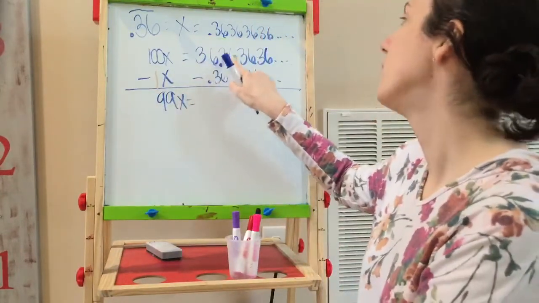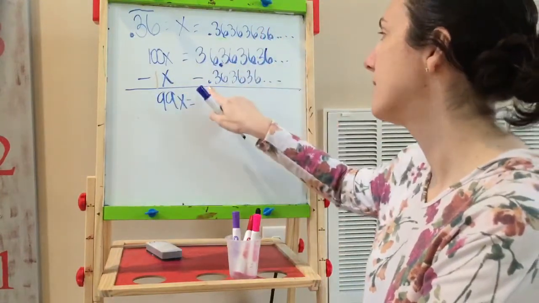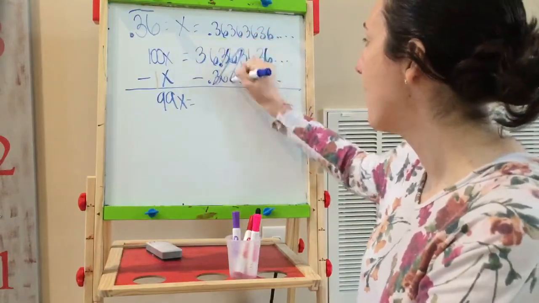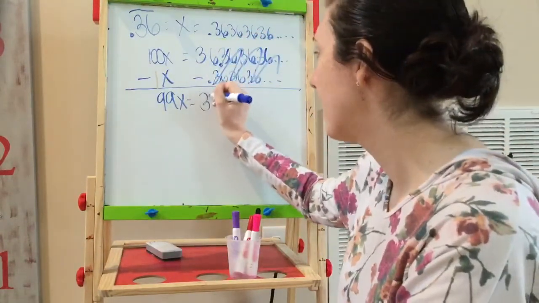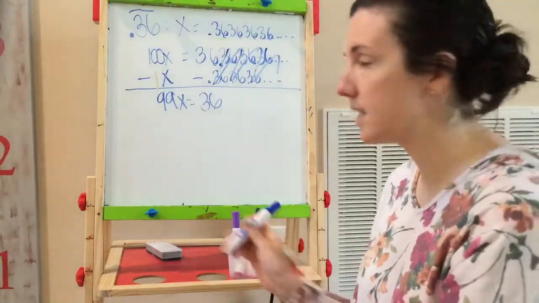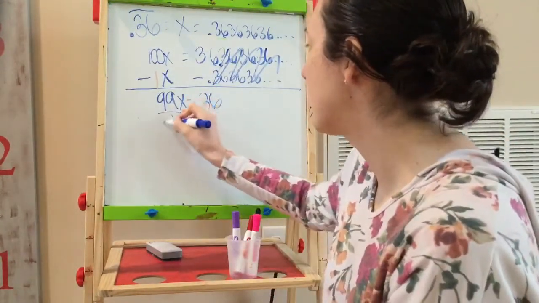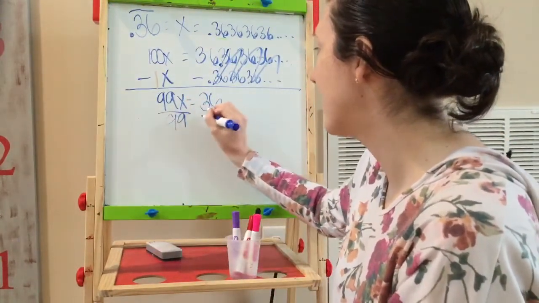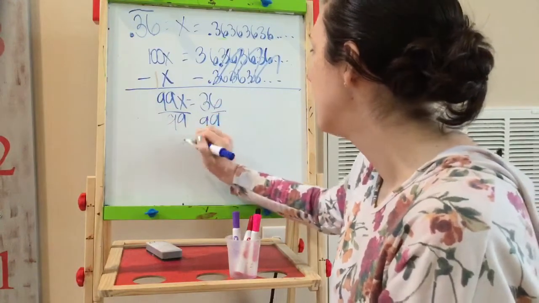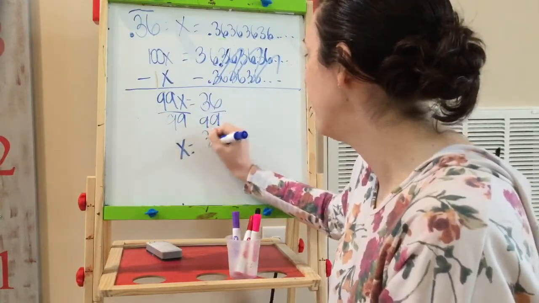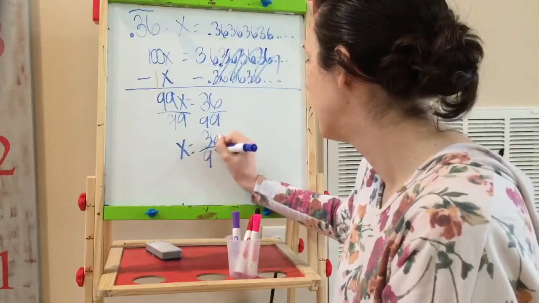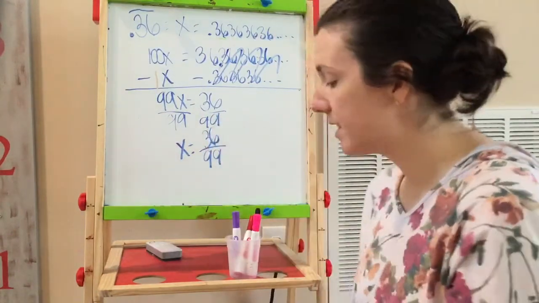And then 36.363636, and so on, minus that 0.36 repeating. That part after the decimal is going to go away, and it's just equal to 36. So using inverse operations, I'm going to divide both sides by 99. So x equals 36 over 99.